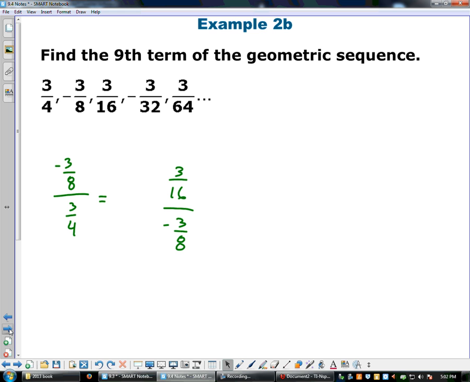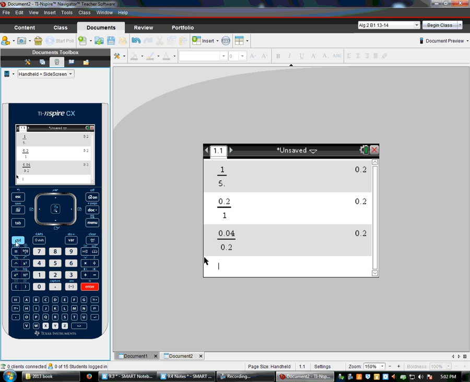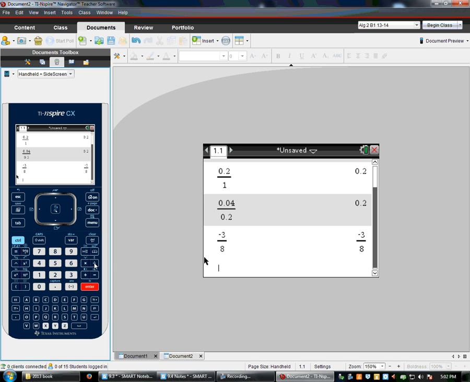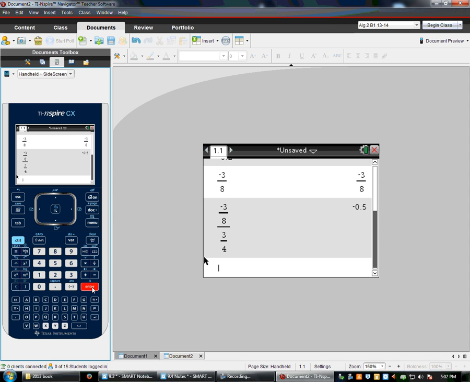Let's use our calculator to get this common ratio. If we do -3/8 divided by 3/4, and when I do that, I end up getting -0.5.